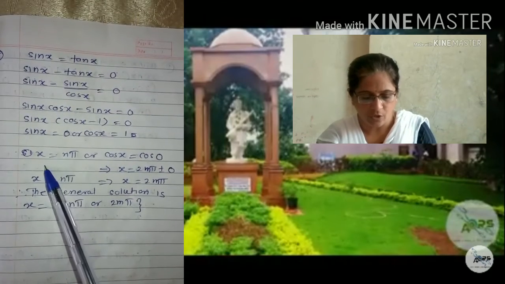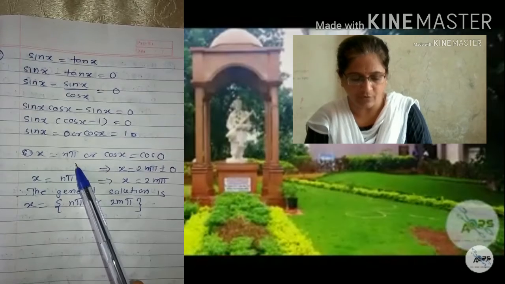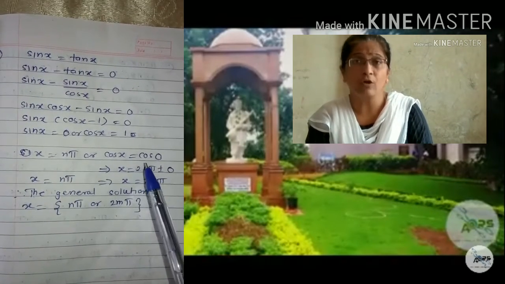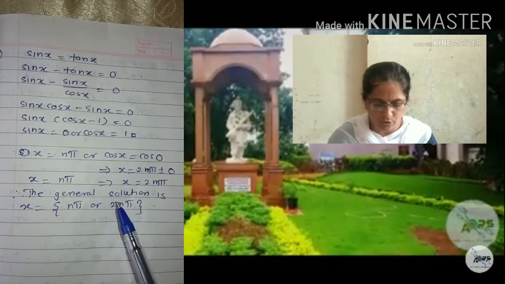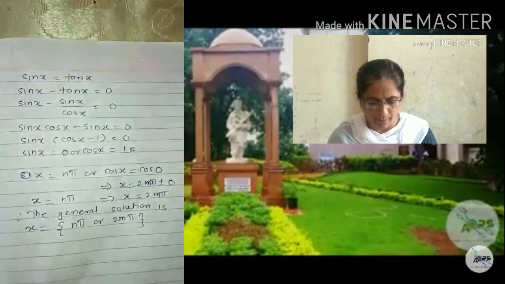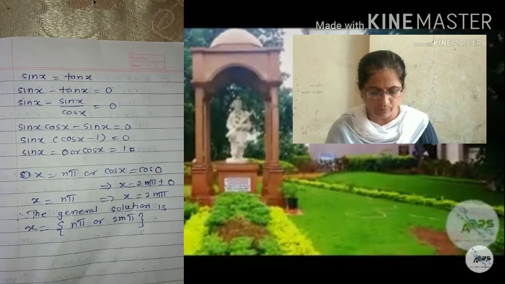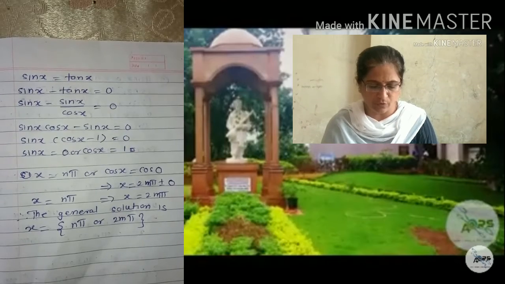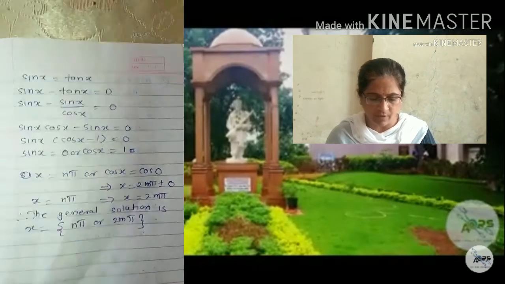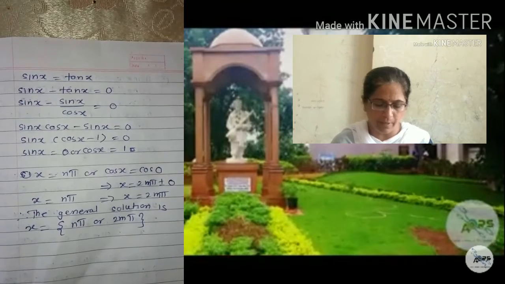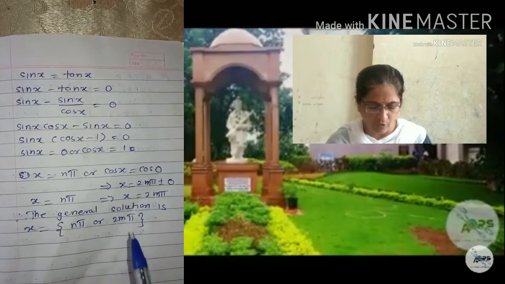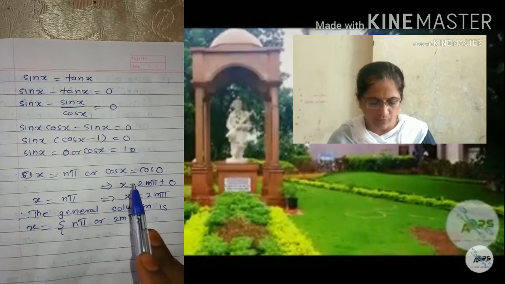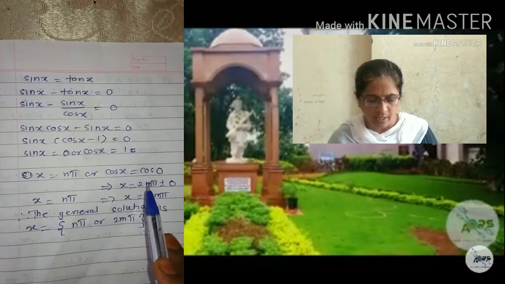So the solution of sin x equal to 0 is x equal to n pi, or cos x equal to cos 0, x equal to 2m pi plus or minus 0, because here the value of alpha is equal to 0.